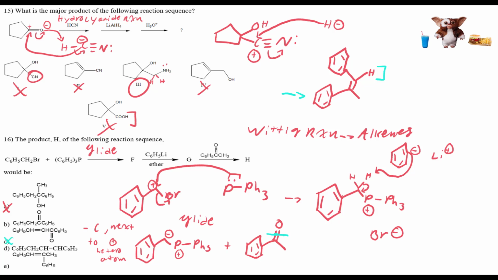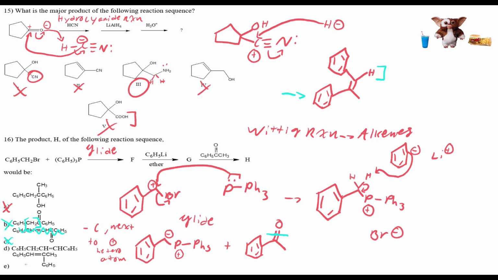But B, let's see. A benzene ring attached to a carbon, right? But that carbon has two hydrogens. This carbon doesn't have any hydrogens, and this carbon only has one hydrogen. So B would be wrong as well because of CH2. That's wrong. What about E?